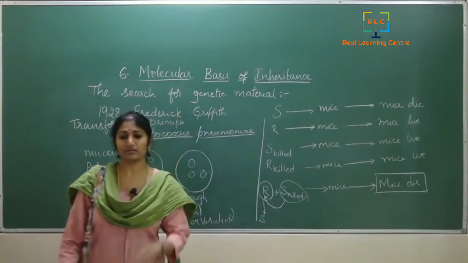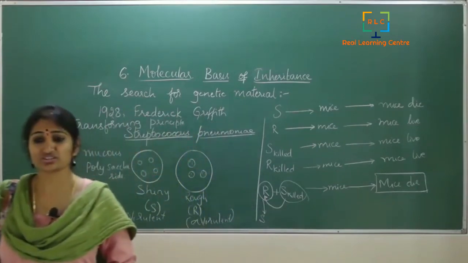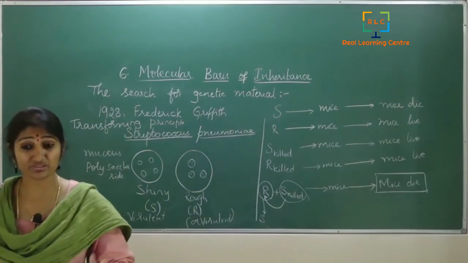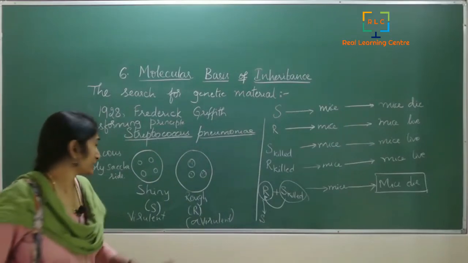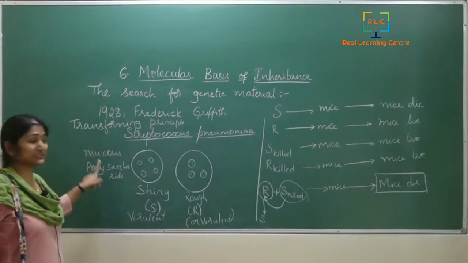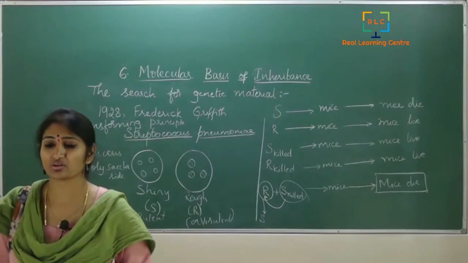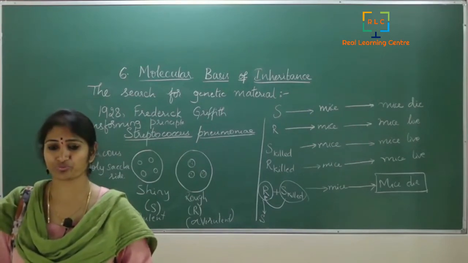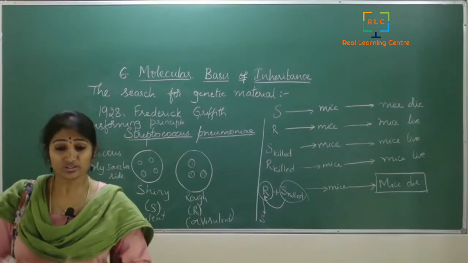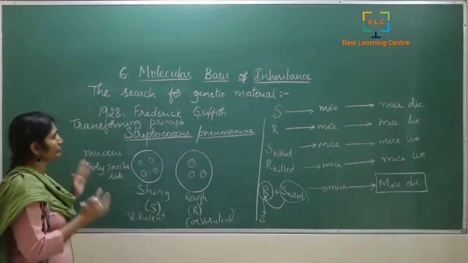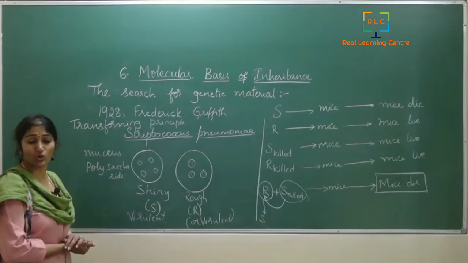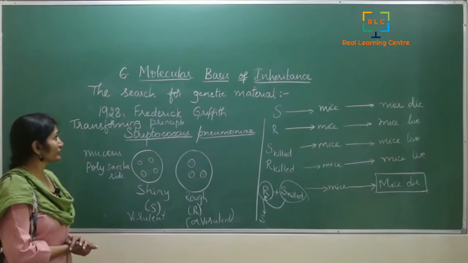So there is no R, there is S. Why does it become S? Please do remember, it is because they can synthesize the smooth mucus polysaccharide coat, and that causes virulence. So this was the transforming principle discovered by Griffith.